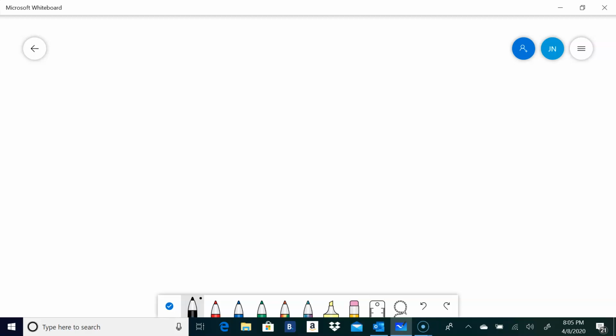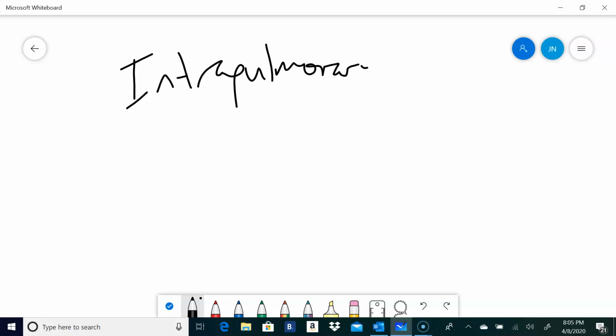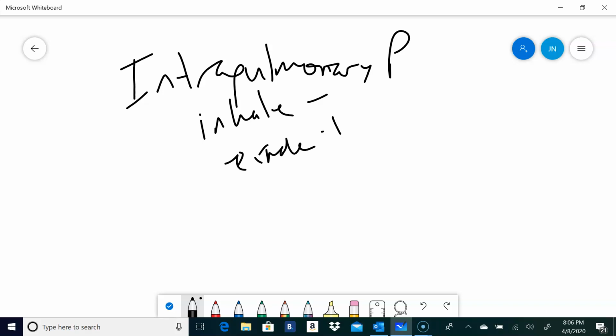Other pressures we hear about. Intrapulmonary pressure. This is the pressure in the actual alveoli in the lungs. This is going to fluctuate. When you inhale, it's negative. When you exhale, positive.